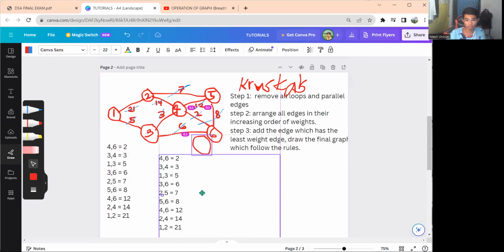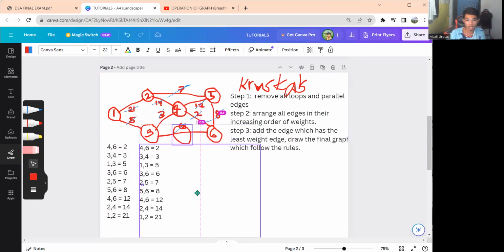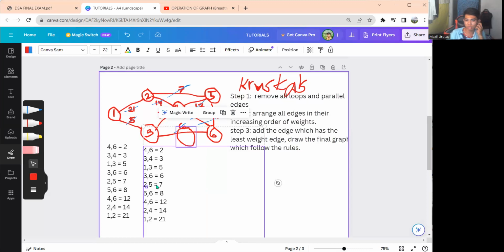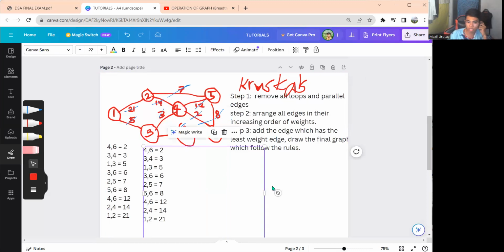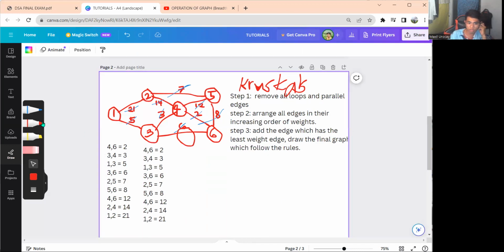So here, you redo this in step 3. You just put the increasing order, then check mark whether you drew it, and mark it wrong if you did not include it in your values.